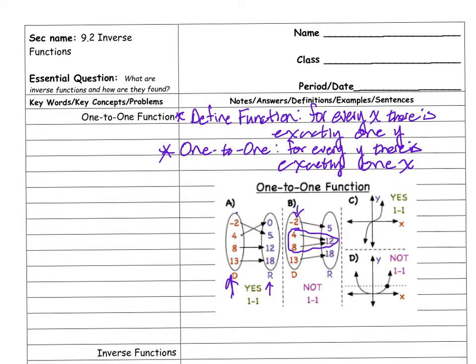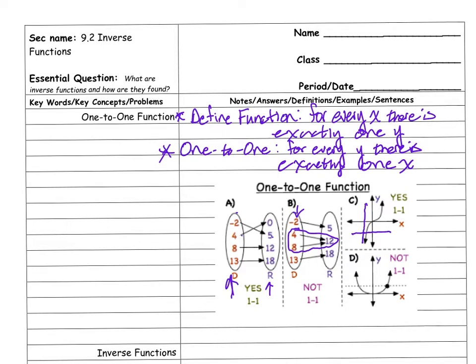So from a graph, how can we look at it? So C here, to test for a function, we do the vertical line test, right? As I pass through the vertical line, if it only touches in one place, it's a function. Well, to test if it's a one-to-one function, I also want to pass a horizontal line test.